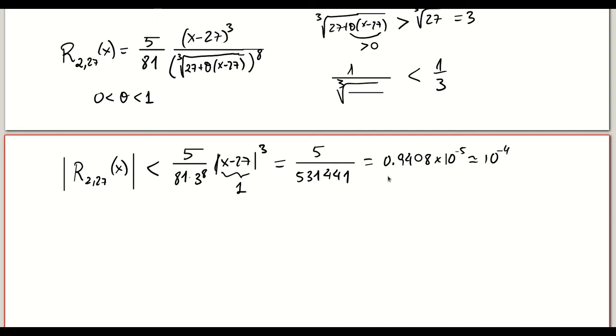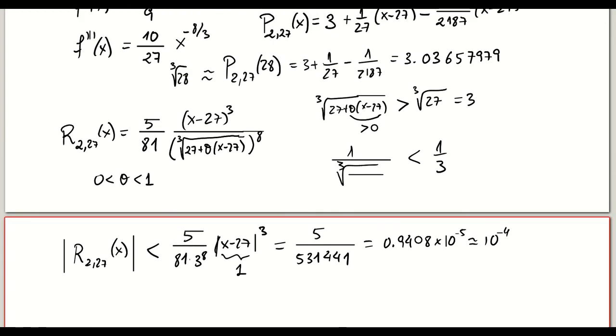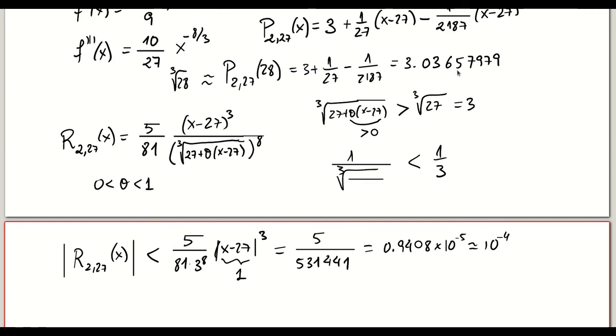It's almost 10 to the minus 4. Okay, so that means that the fourth figure here can be tainted by the error. So we're sure about these four figures, but this one may change a little.